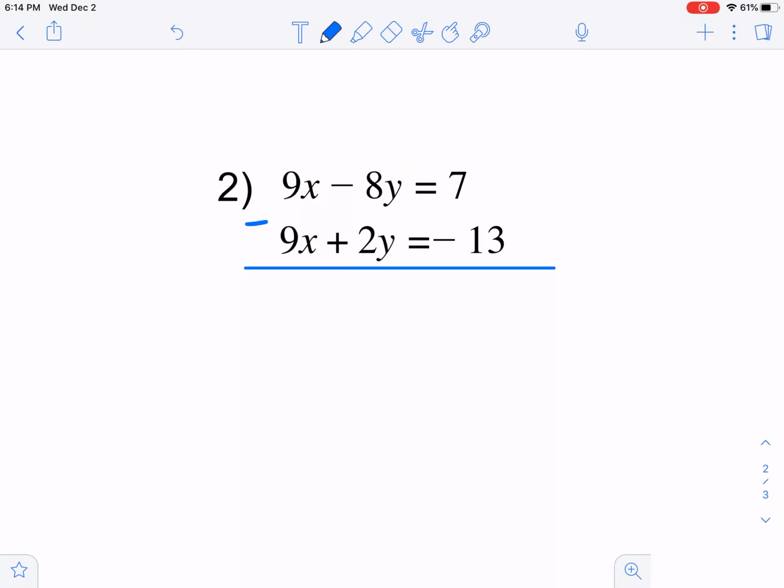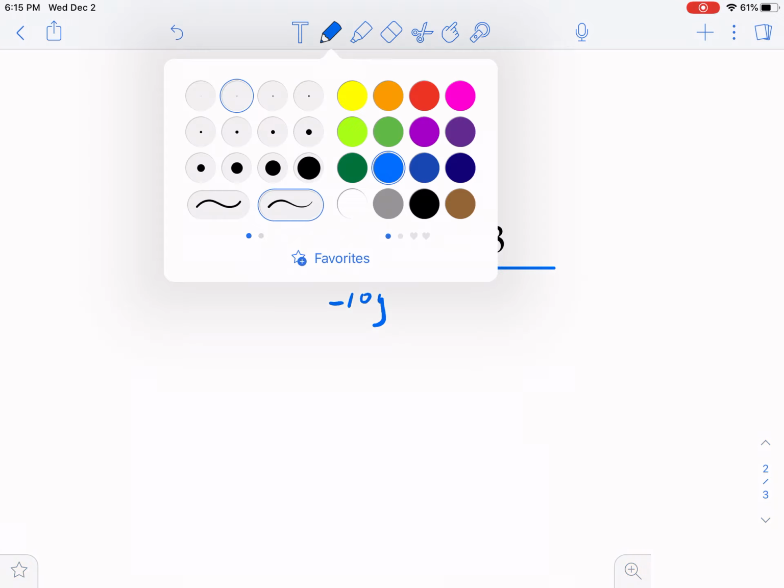So let's subtract. 9x minus 9x, 0. So why even write it? Negative 8y minus, I'm going to subtract 2y. I have a negative 8y. I'm not going to add 2y. I'm going to subtract. So it's going to give me negative 10y. And sometimes I like to do this.